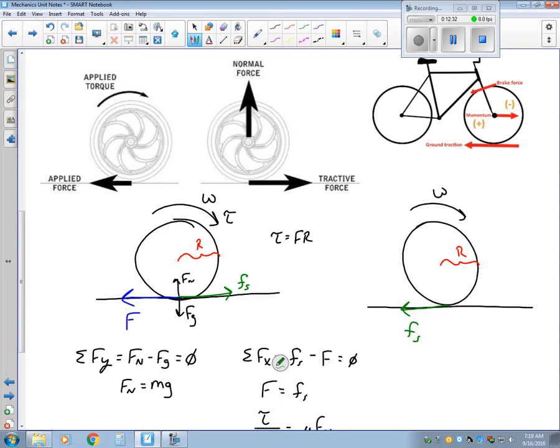So it's in the opposite direction that we'd expect for a powered wheel. Other than that, we just have our usual normal force and gravity force, and really that's it. There's not a whole lot to the non-powered wheel, which is kind of nice. All right, well, that concludes our mechanics unit.